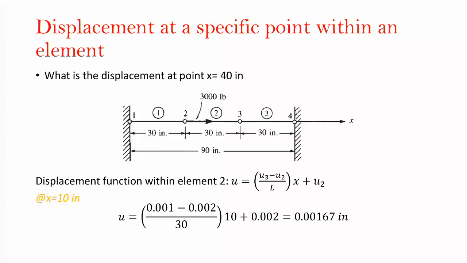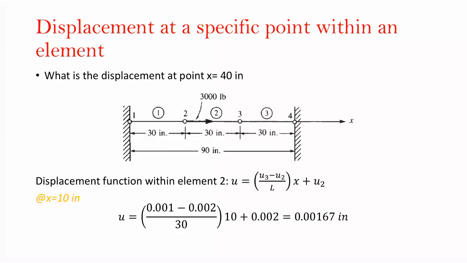This is the formula that we derive by using the local coordinates for each individual truss element, which means that L in this equation should be the length of each individual element, which is 30 here, and X is the relative X coordinate of every point on the truss element as compared to the first node on the truss element, which is node number 2 here. Which means that at 40 inch, you need to subtract 30 inch, which is the first element, and then put 10 inch into the equation.